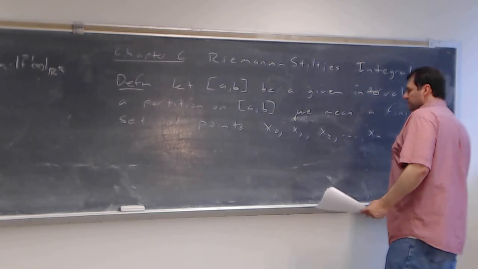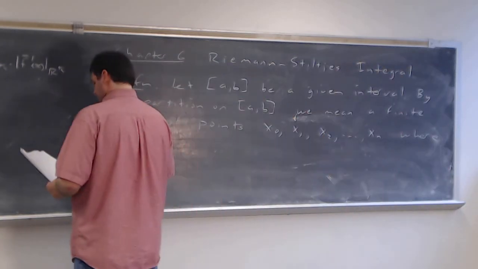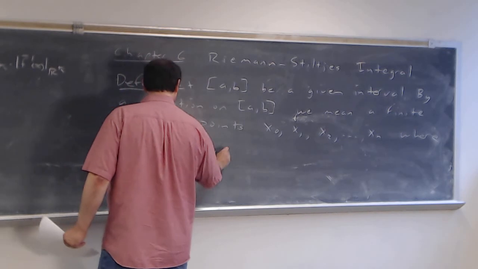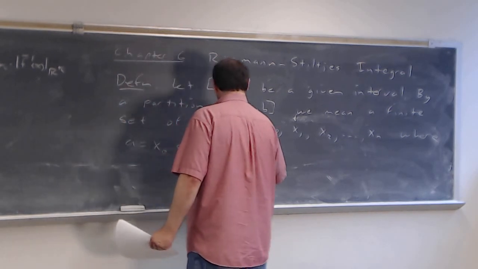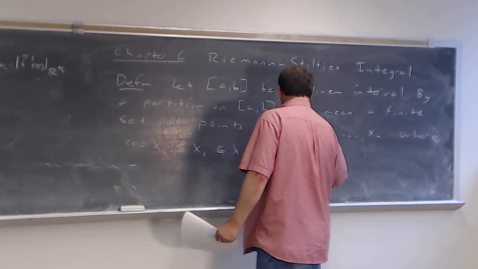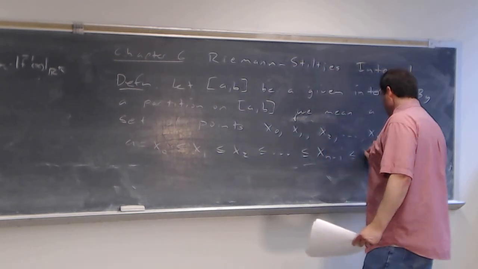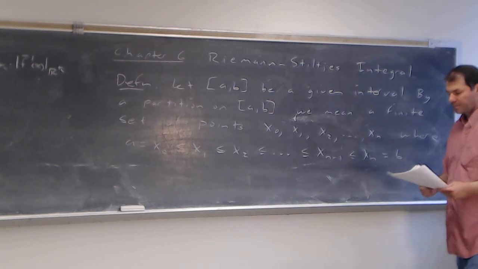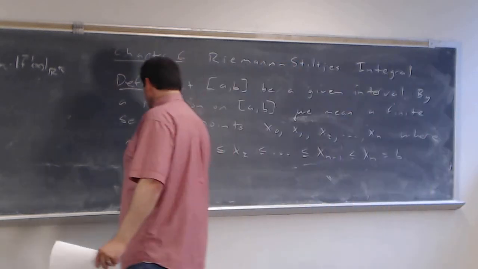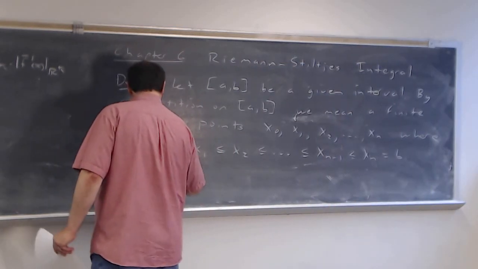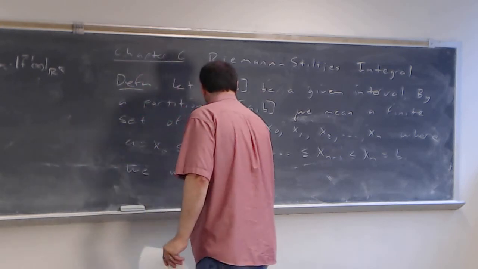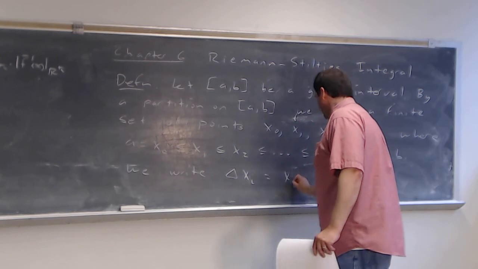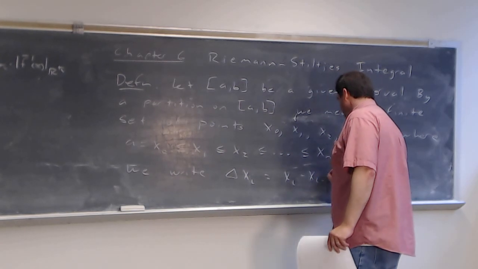where the only stipulations that we have on these numbers is that a equals x sub 0, which is less than or equal to x sub 1, which is less than or equal to x sub 2, less than or equal to, all the way up to x sub n minus 1, which is less than or equal to x sub n, which equals b. And we write delta x sub i equal to x sub i minus x sub i minus 1.